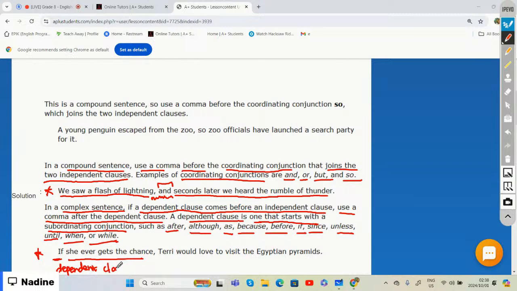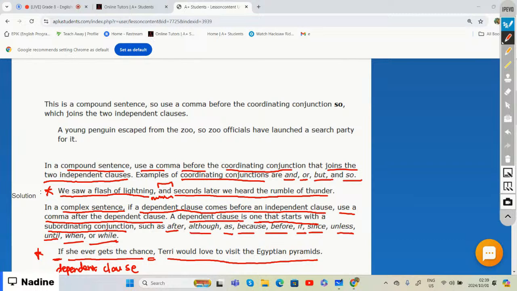So I'm going to put the dependent clause. And remember, we said after the dependent clause, we put our comma. So if she ever gets the chance, comma, Terry would love to visit the Egyptian pyramids, right? And that is basically compound sentences as well as complex sentences and how we can use them.